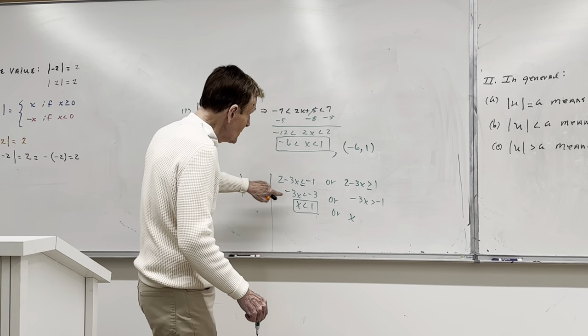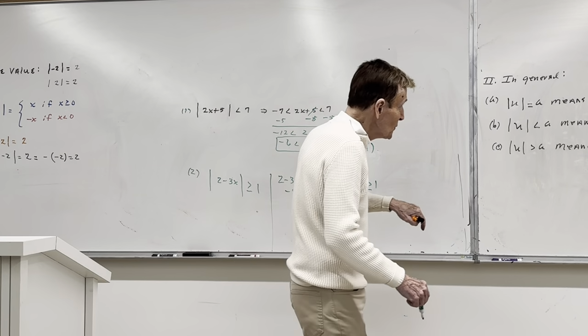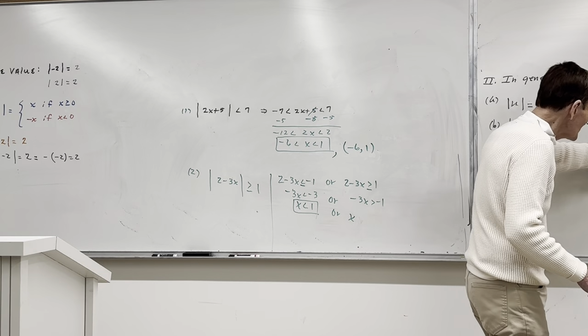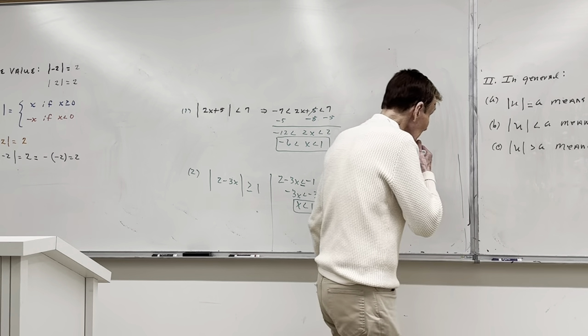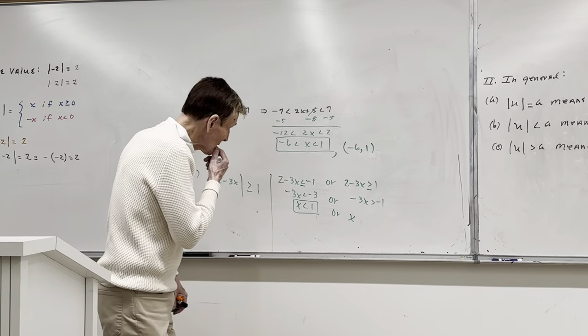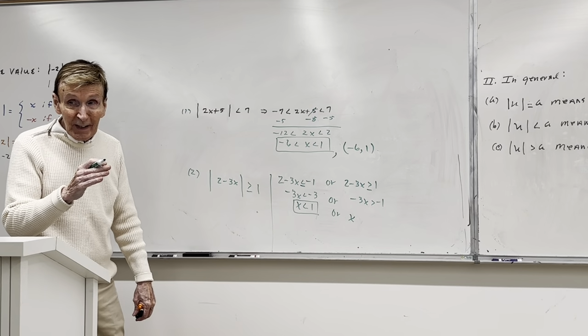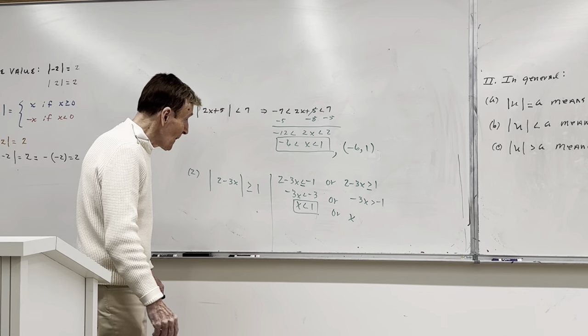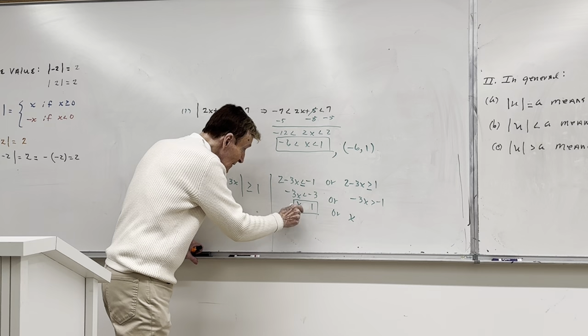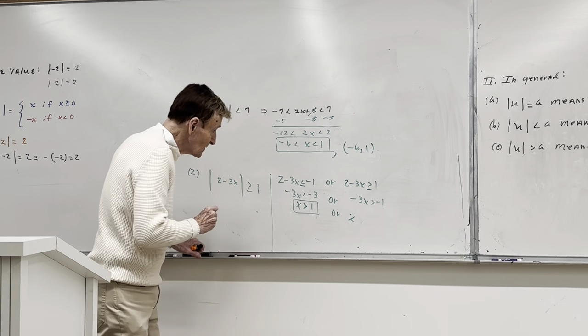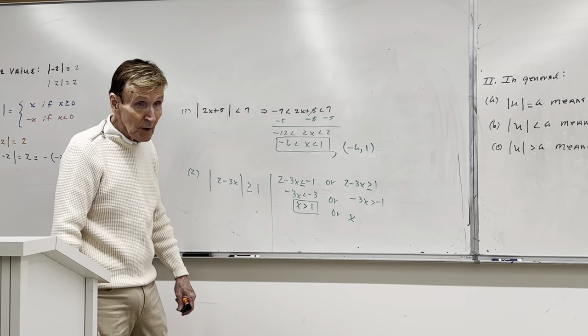So it's negative 1. Or 2 minus 3x, down here, is greater than or equal to 1. Is that correct? When you divide by negative 3, you have to switch the sign. Is that true? Symbol reverses?